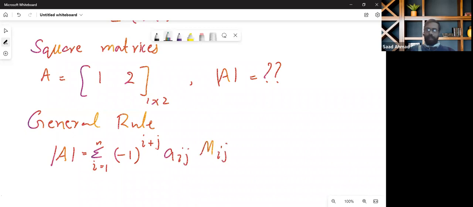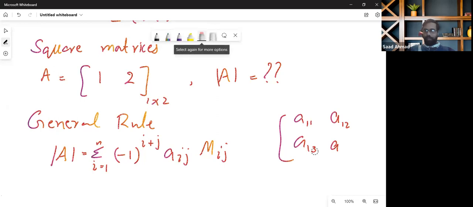Let me tell you what aij and mij are. So aij is the entry, like a11, a12, a13. Let's say this is a11. This is a12, a13, this is a21, a22, like that.